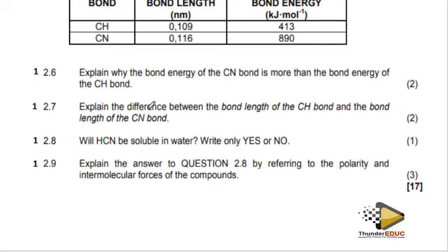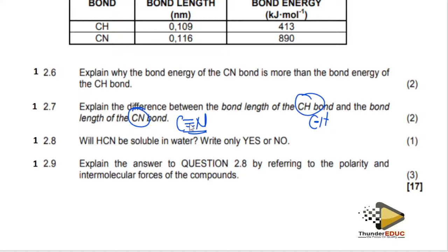Now, when they say explain the difference between bond length and bond energy, the bond length of this and the bond length of this. So it is gonna bring back to you that the bond length here is a single bond, while this bond length is a triple bond.